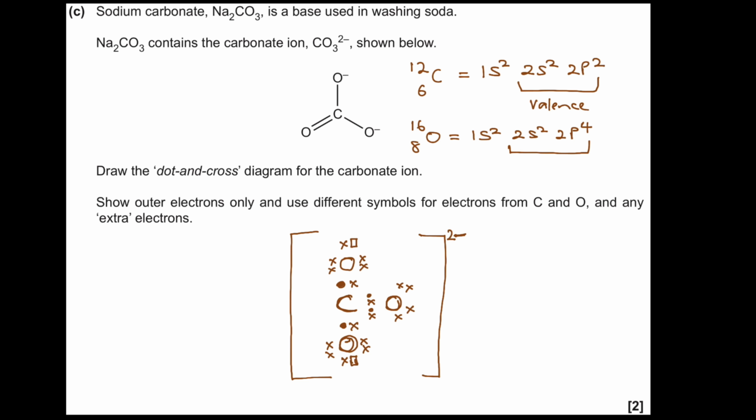The cross is the oxygen electron, and the dot is the carbon electron, and the vacant is the vacant space where the sodium electron will be when it binds with 2 sodium here.